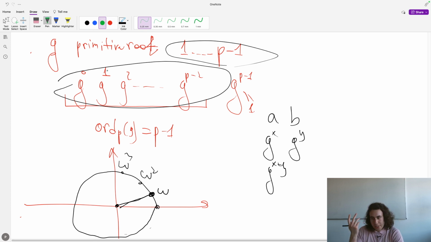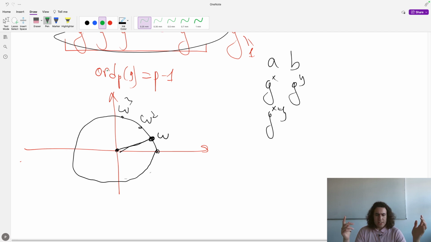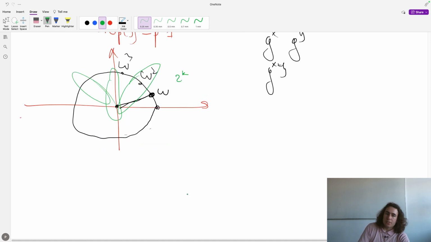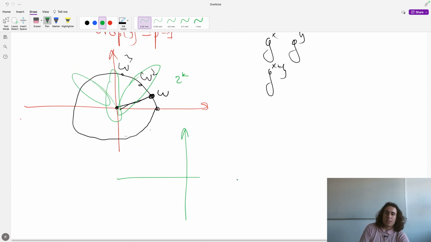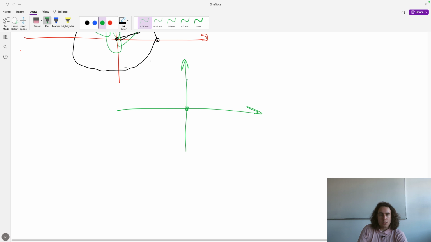And if you think about roots of unity, you know that the smaller roots of unity, like these are the roots of unity of power 2 to the k, for example, right? But the roots of unity of power 2 to the k minus 1, we can also get them from here. We can just take every second one, right? For example, let's look at a picture and let's draw roots of power 12.